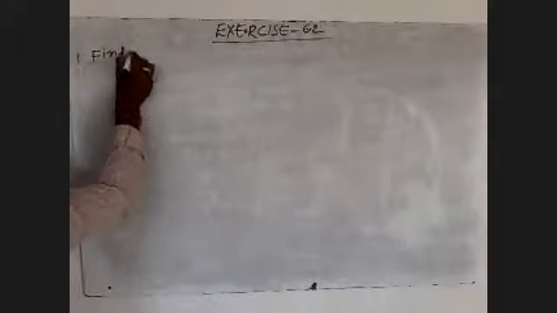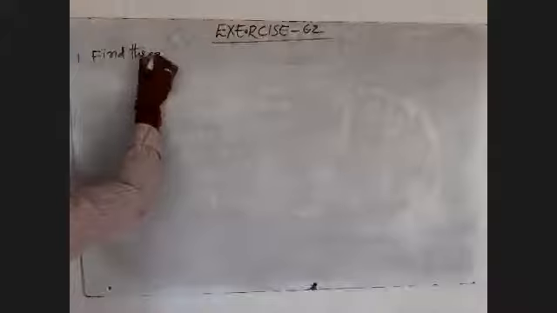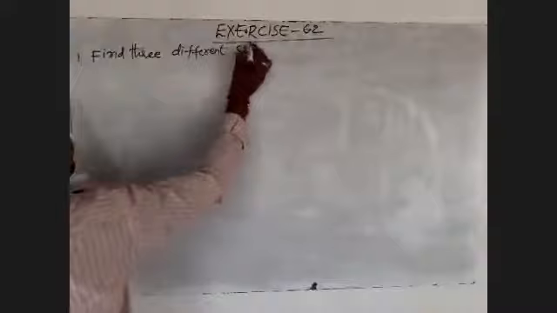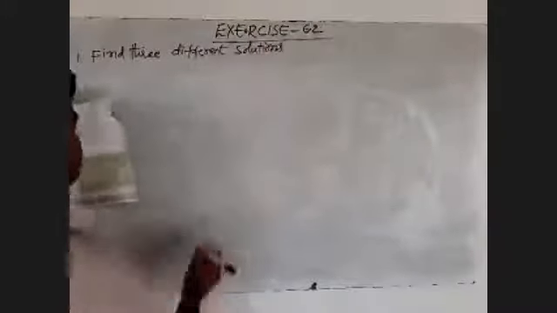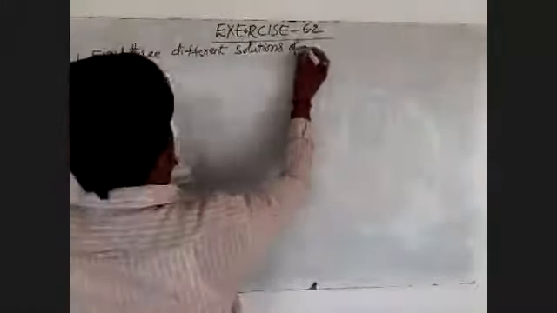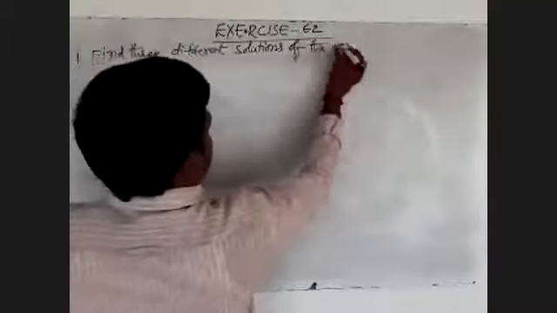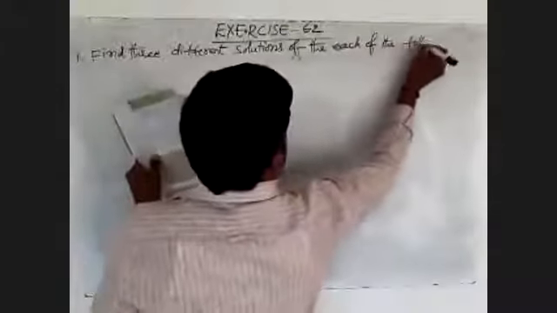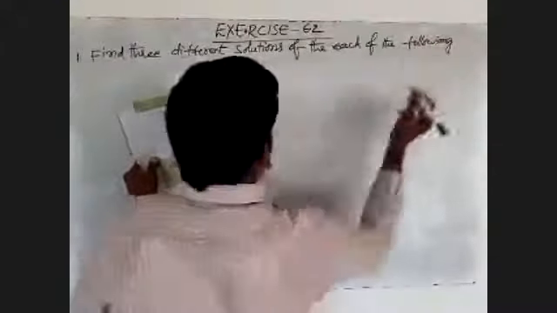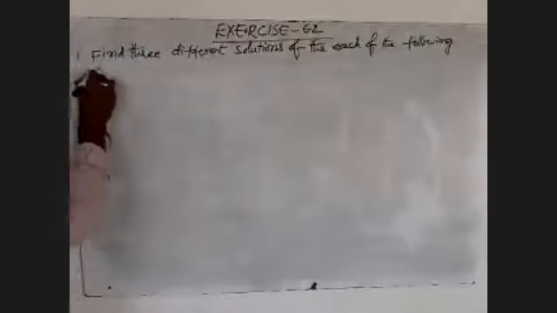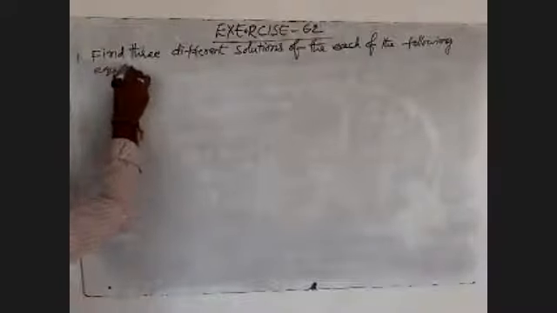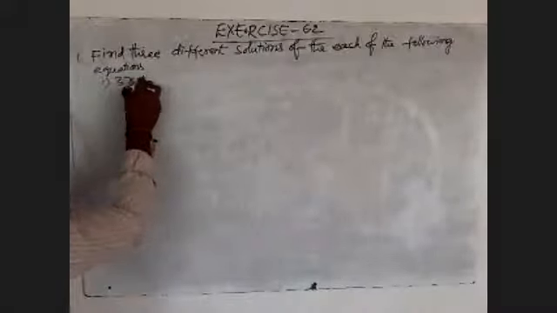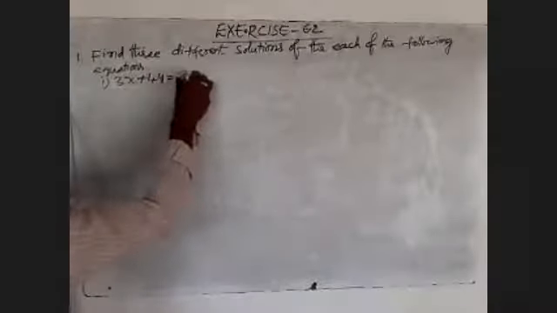Find 3 different solutions of each of the following equations. And the first one is 3x plus 4y is equal to 7.